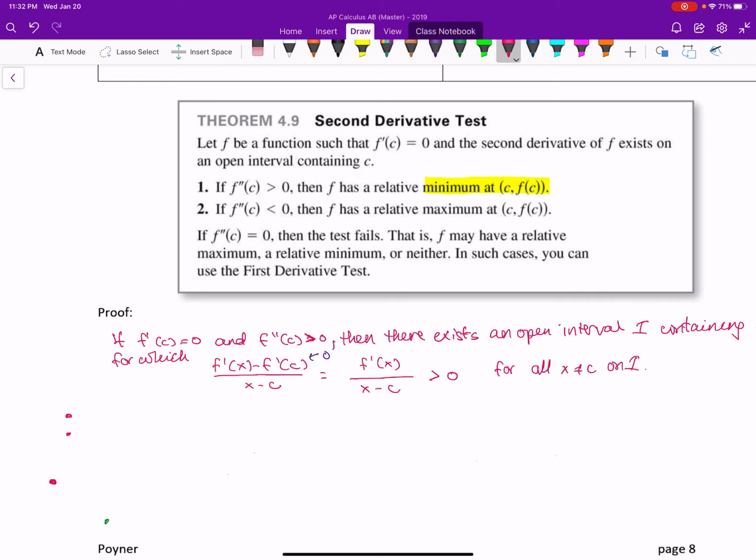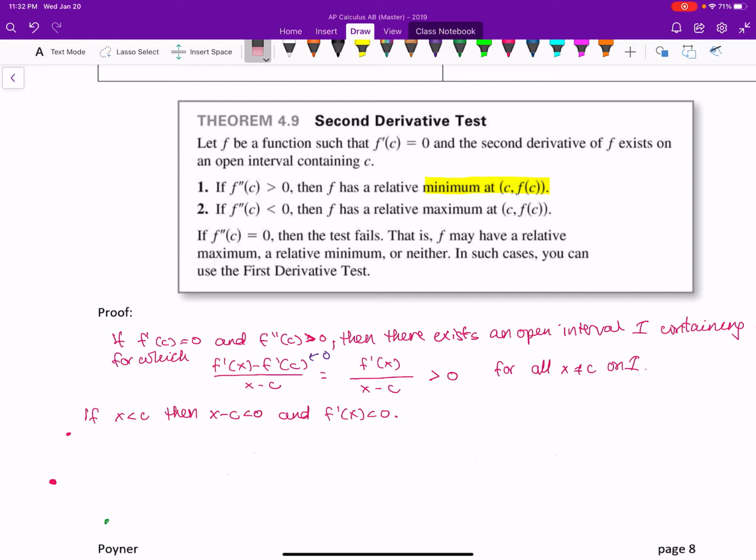If the second derivative is greater than 0, that means it's concave up, right? So that means the average rate of change, if it's concave up, is always going to be greater than 0, just as a side note here, as far as I can remember.